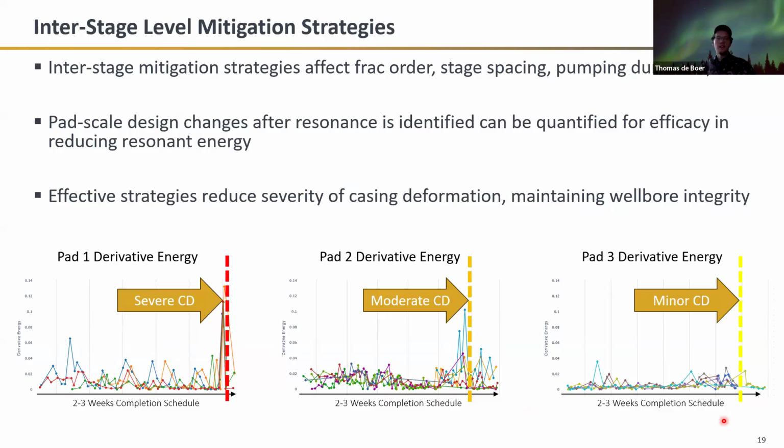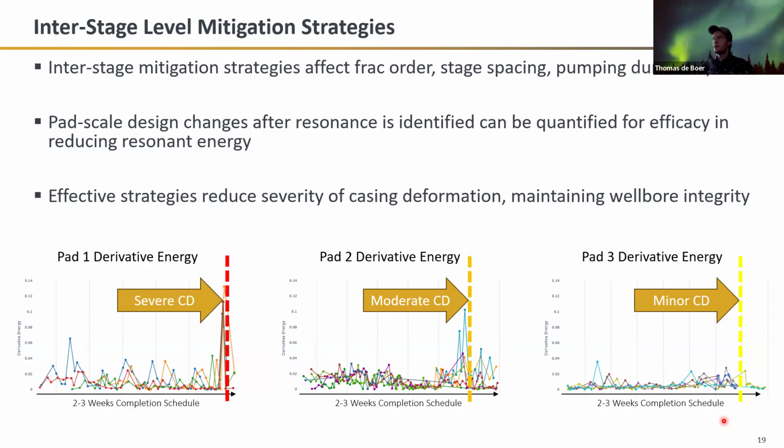And beyond that, the amount of casing deformation that was recorded from their caliper logs was generally reduced compared to the first pad. Of course, one of the impacts of this is if you have to change your stage spacing or your pumping time, there's a balance there between leaving some of that reservoir in the ground in an effort to mitigate these casing deformation behaviors.